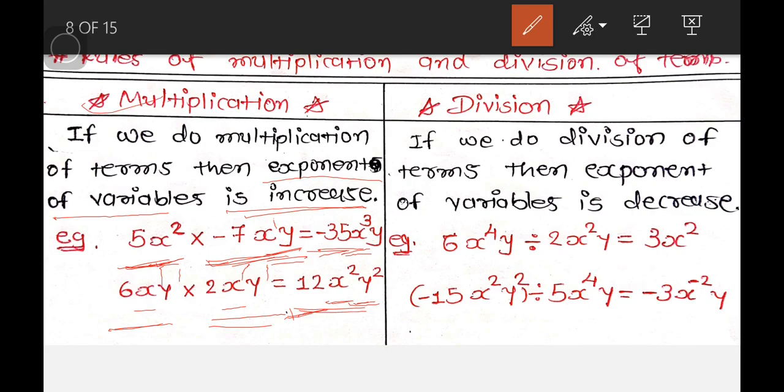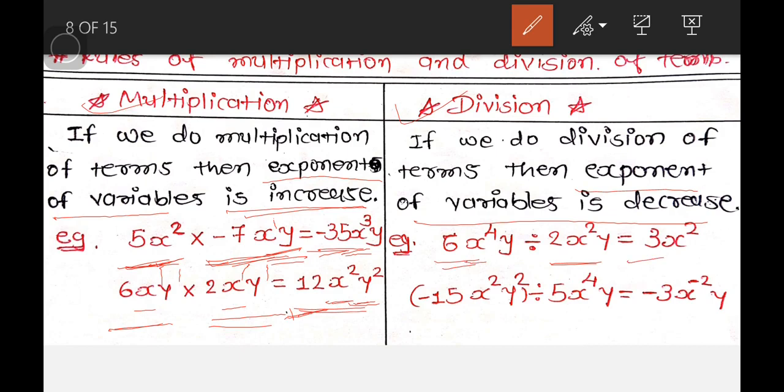Now the rule for division. If we divide terms, then the exponent of variables decreases. For example, 6x raised to 4 y divided by 2x square y. First we divide 6 by 2, and we get 3.